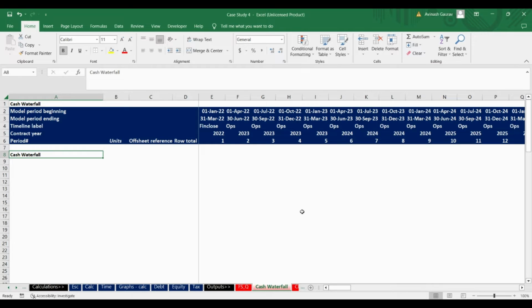Here we don't have any construction phase, because it's assumed that construction has already happened in the past. Now it's just the operations phase, so you can't see any labels for construction. You can only see the labels for financial close and operations, right? Then you have the years corresponding to every quarter. Then you have the period number, which is basically the number of quarters.